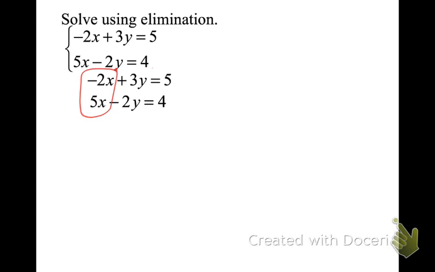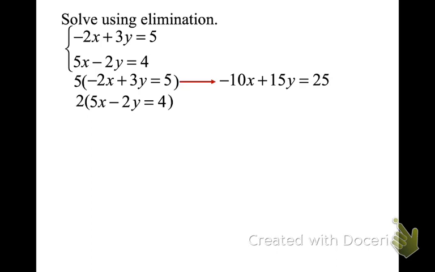The closest number that they both divide into is 10. So what am I multiplying the top equation by, Cameron? By 5. I'm putting it in parentheses, and I'm drawing my arrow to the right. I want to see that arrow. And so the first term becomes -10x plus 15y plus 25. Good. And then what am I multiplying the bottom equation by, Bryce? 2. And we end up with 10x.